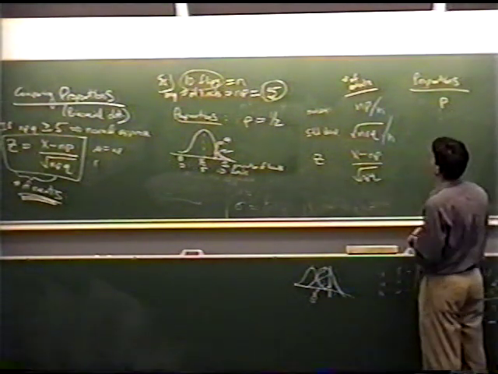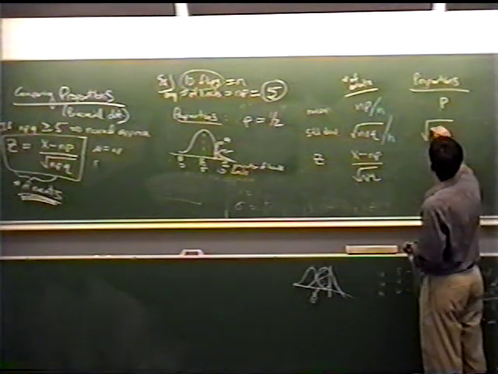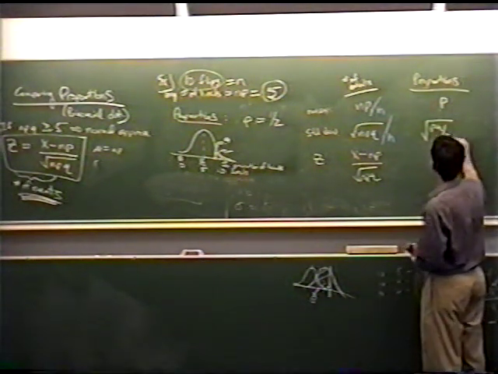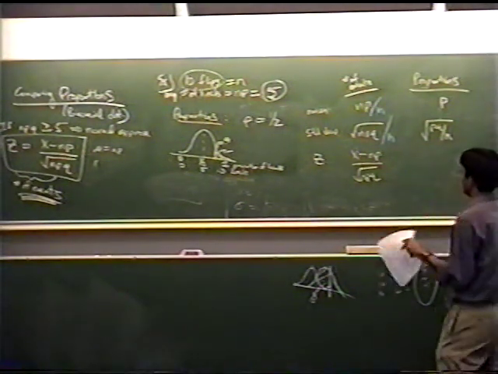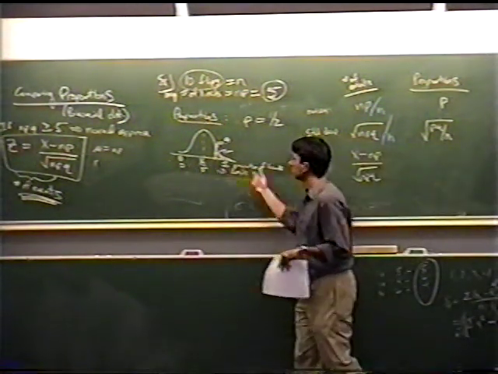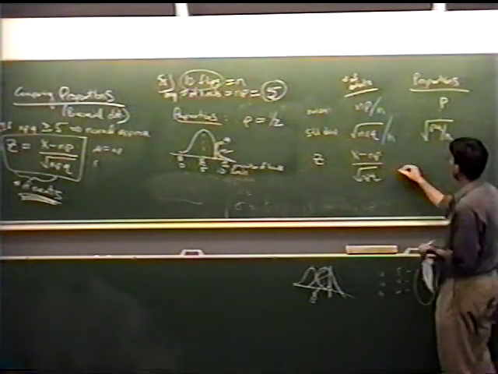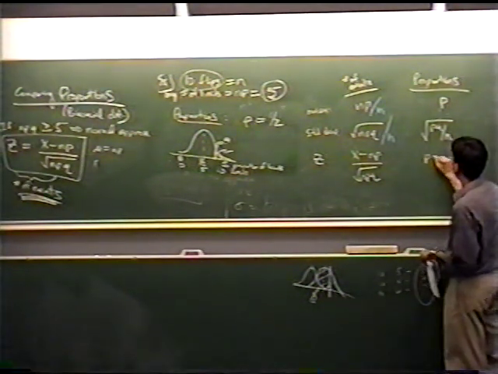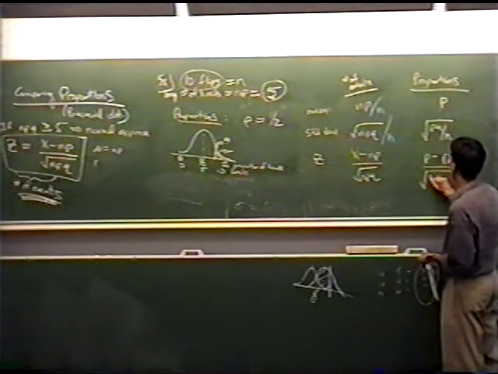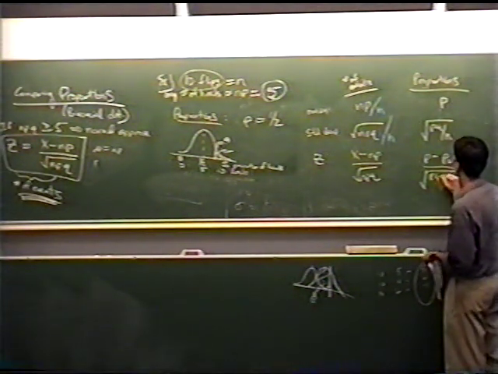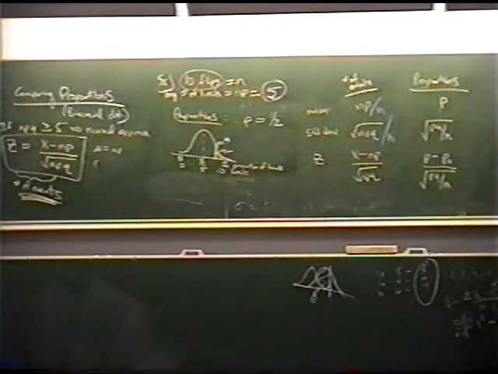If we divide the standard deviation by n, what we get is PQ over n. That's our standard deviation around the proportion, 1/2. And our z statistic now becomes P minus P naught over the square root of PQ over n. That's all we're doing.